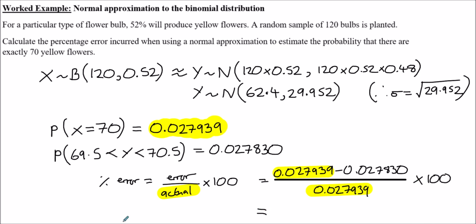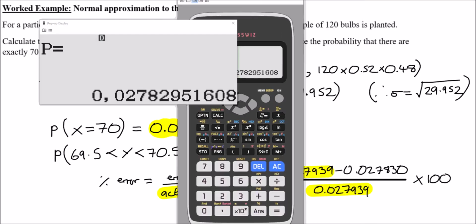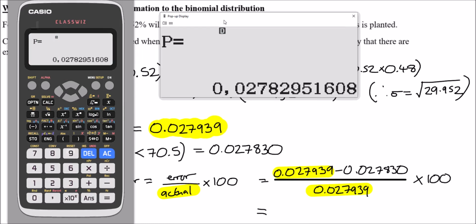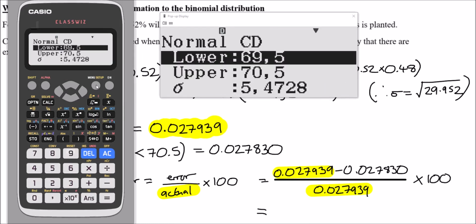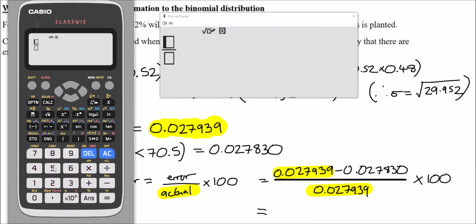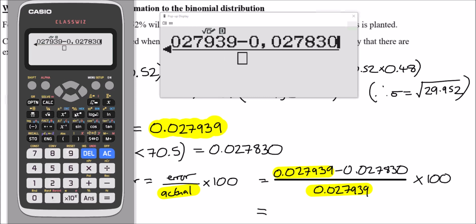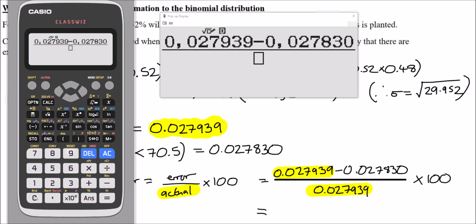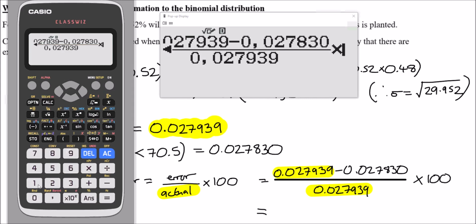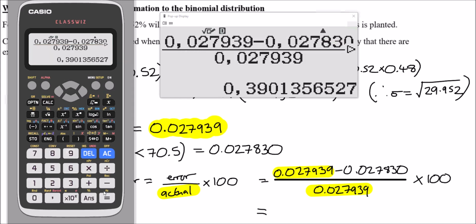So if we just plug this in, press equals and hope, then we've got it. So go back into normal mode. So 0.027939 subtract 0.027830, take all of that and divide by the actual 0.027939 times by 100, press equals.